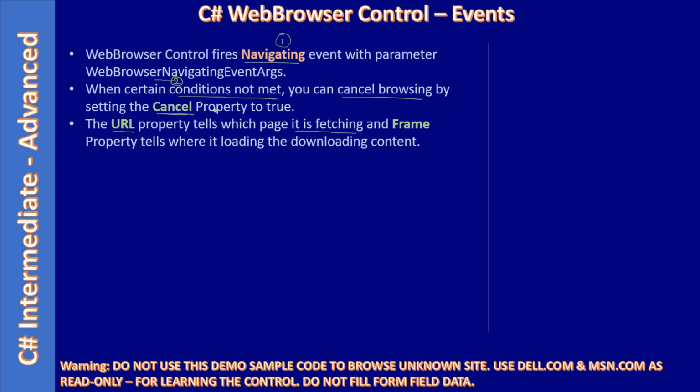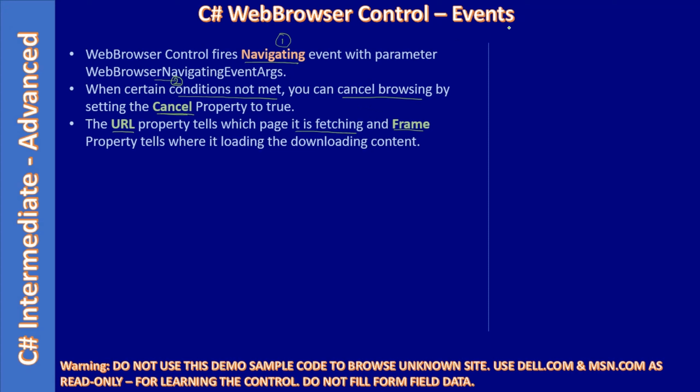Using the Cancel property, you can cancel the navigation, and using the URL property you can get what URL the web browser is currently navigating. Using the frame property one can tell in which location of the loaded page the navigation is reading the content and replacing it.